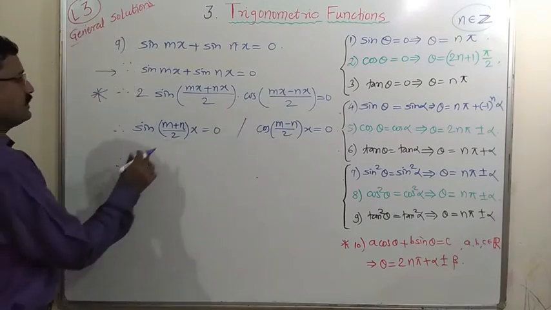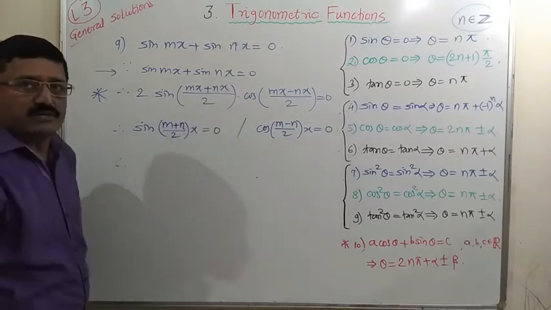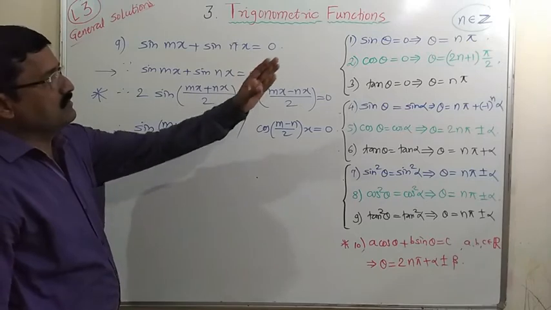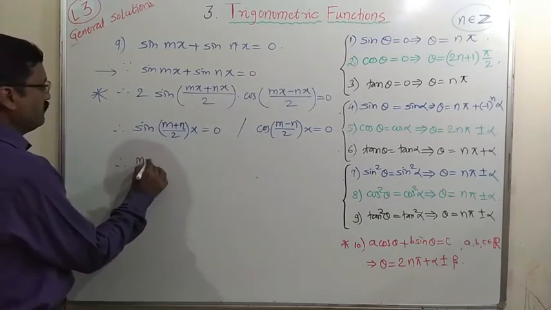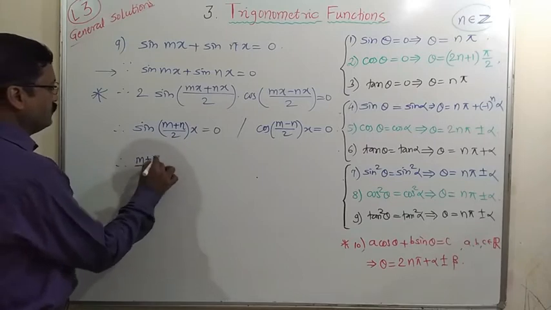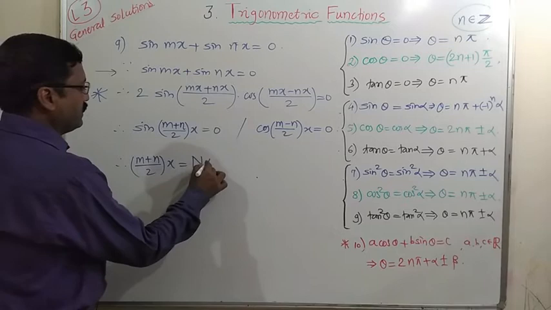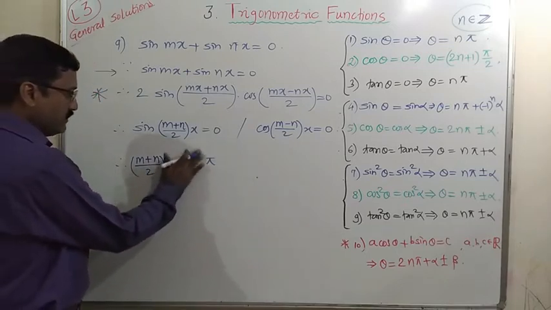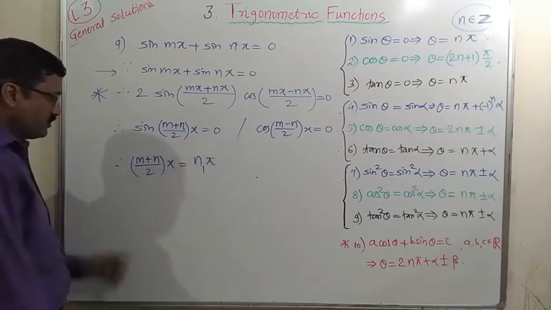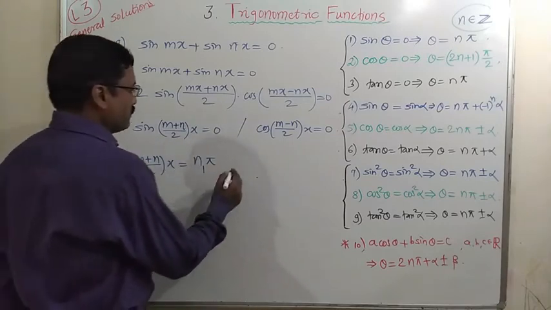Therefore, now again sin theta is equal to 0, so use formula number 1 or result number 1, that sin theta equal to 0 implies theta equal to n pi. So here theta is (m plus n) upon 2 out of bracket x is equal to n pi. Or you can take here, instead of capital N, n1, because already n is here, so take different constant here.